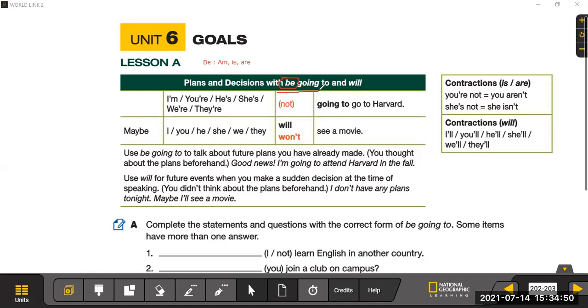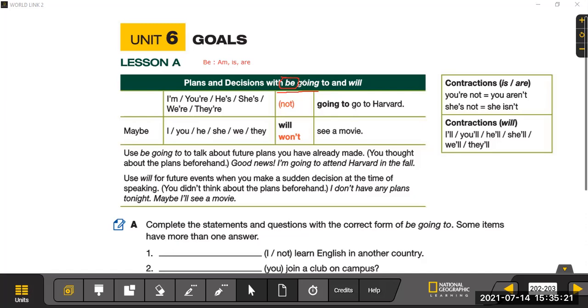If, for example, you are talking with your family that on Sunday you are going to the beach, that is a plan. So we have to say, we are going to the beach on Sunday, because that is something that you planned. Remember, for plans, we have to use be going to.